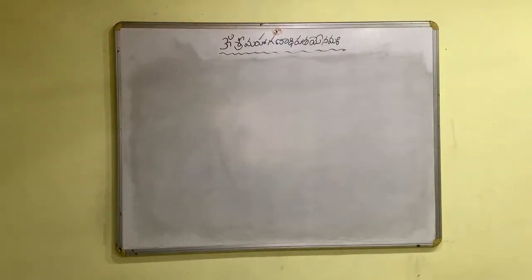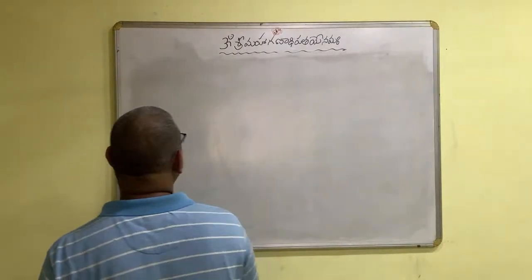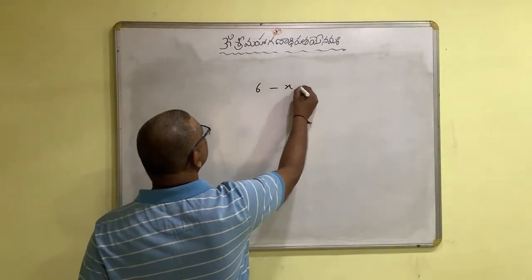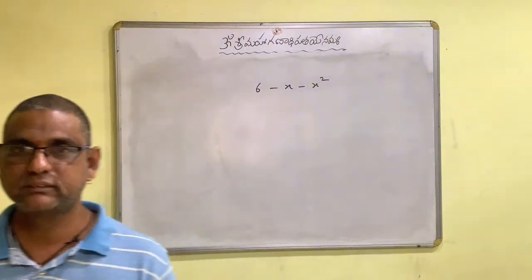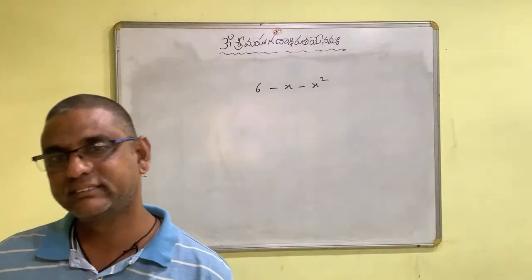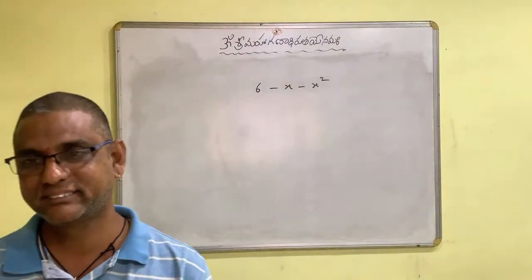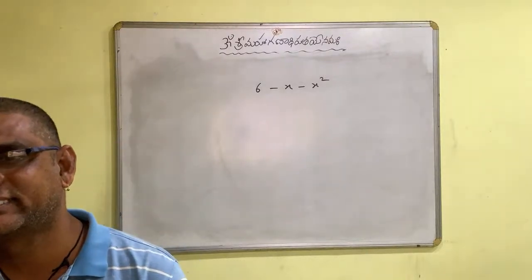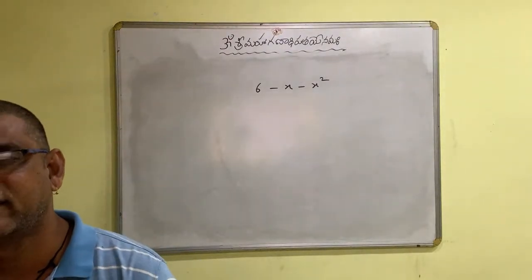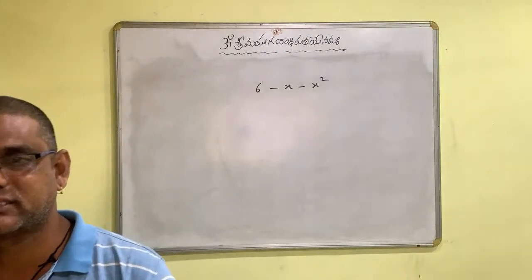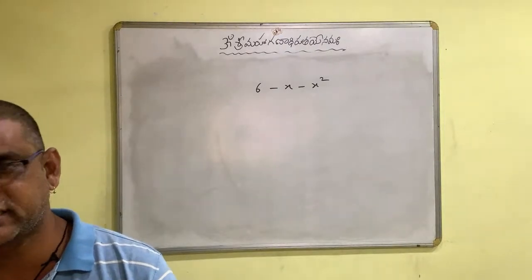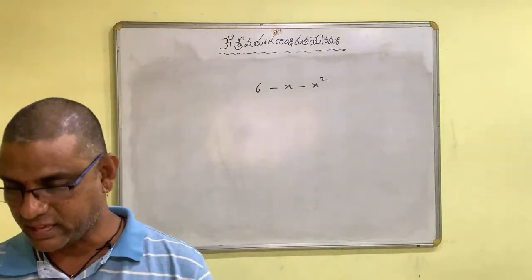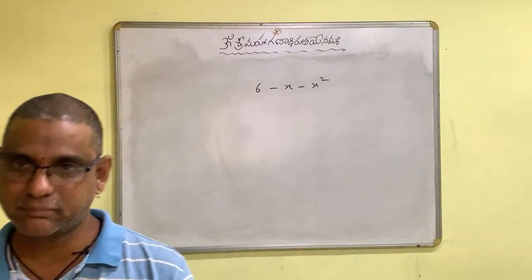Today's first question. If a question is asked like this, factorize 6 minus x minus x square.